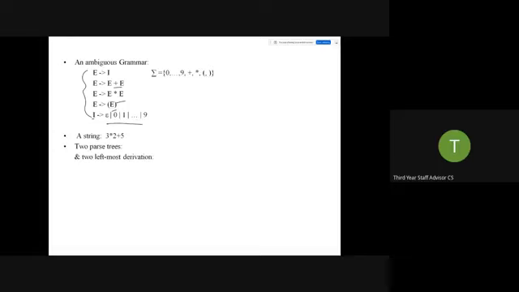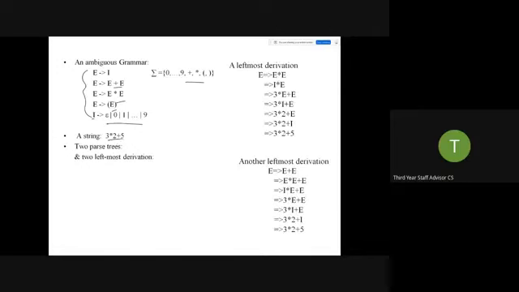The input symbols are 0 to 9 etc. These are input symbols, so they are terminal symbols. So in order to get 3 star 2 plus 5, we can have two leftmost derivations. This was the leftmost derivation, where we replaced the id with 3. Then we derived the string 3 star 2 plus 5, and we got one leftmost derivation.